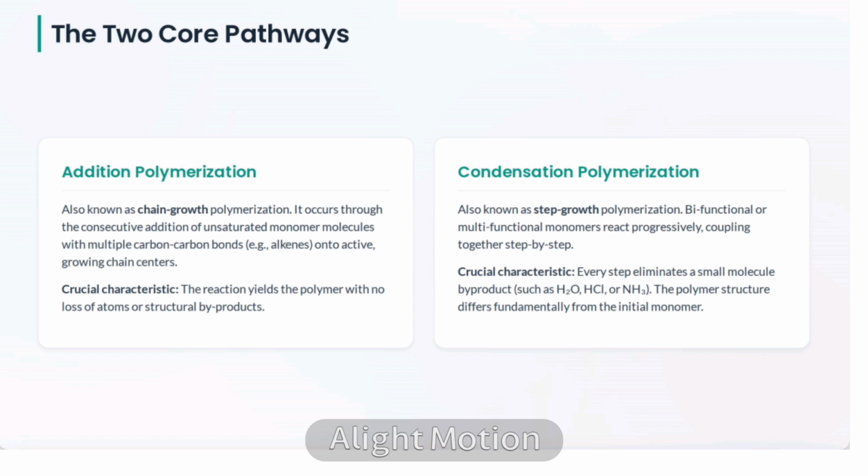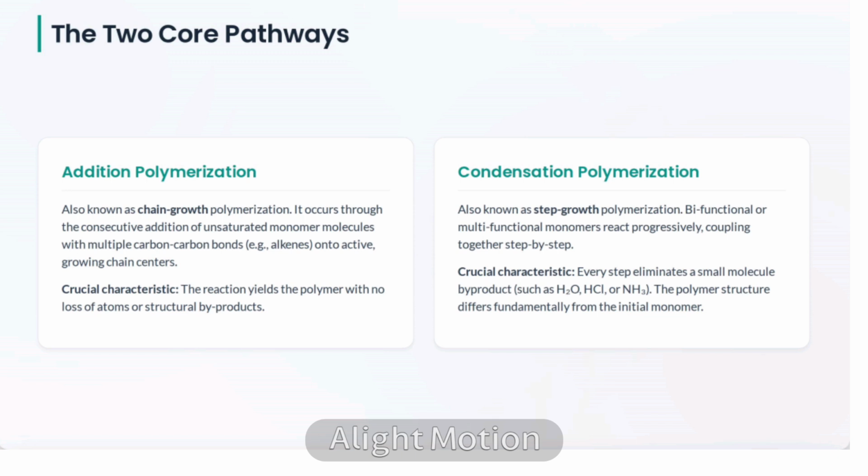In this process, monomers containing double or triple carbon-carbon bonds, like alkenes, rapidly attach to an active center on a growing chain. A key detail to remember here is atom efficiency. Absolutely no atoms are lost in this reaction.